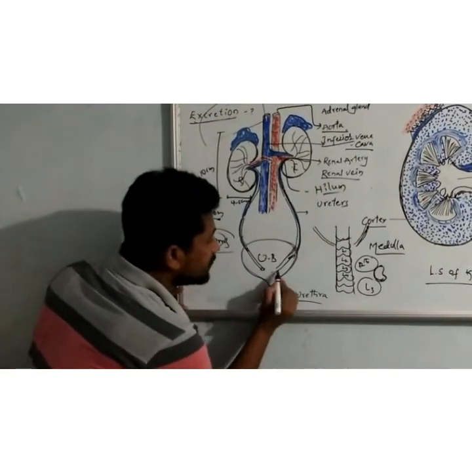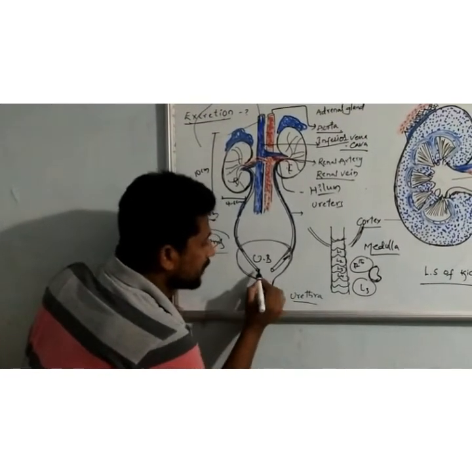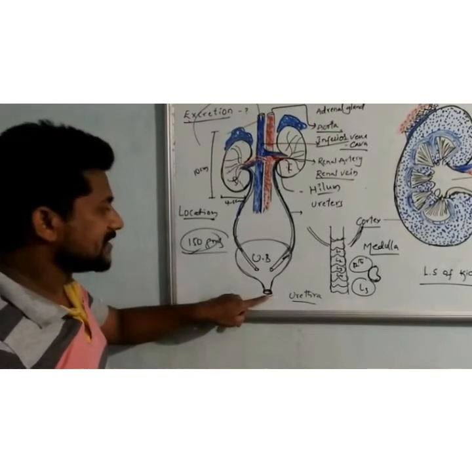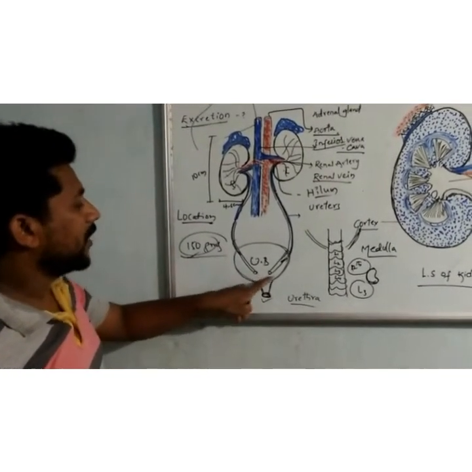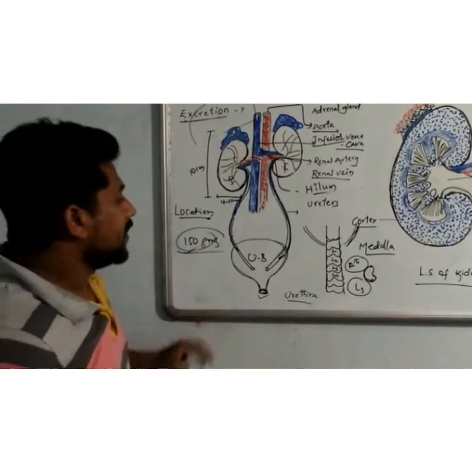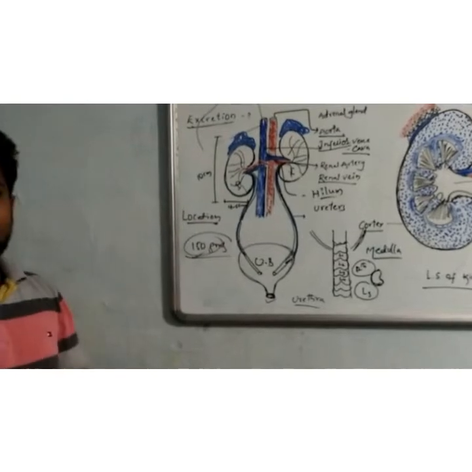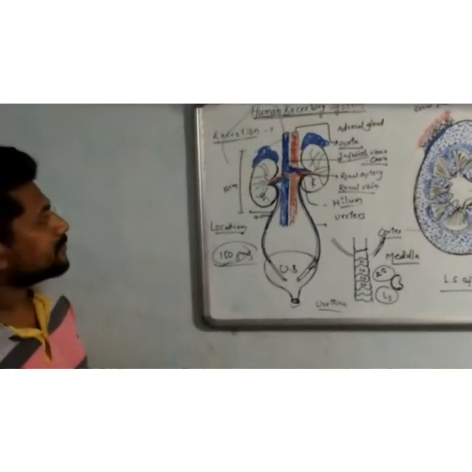We can observe three holes: this is the urethral orifice, and these two are the ureteric openings. This is the detail of the human excretory system that we discussed.